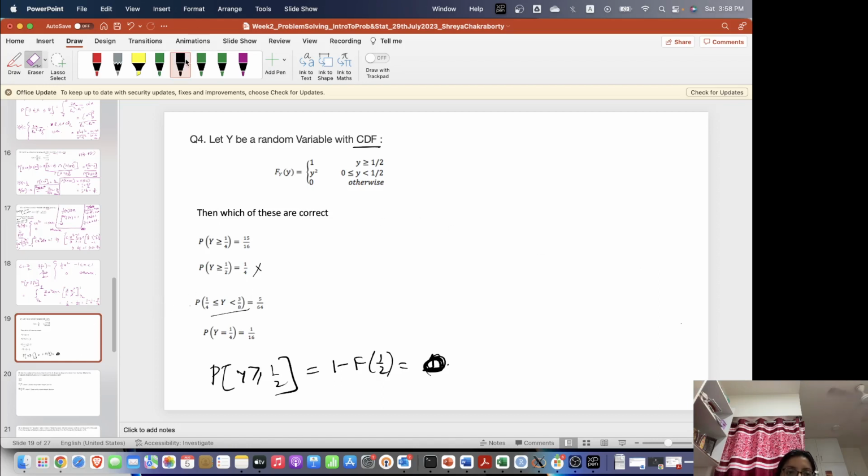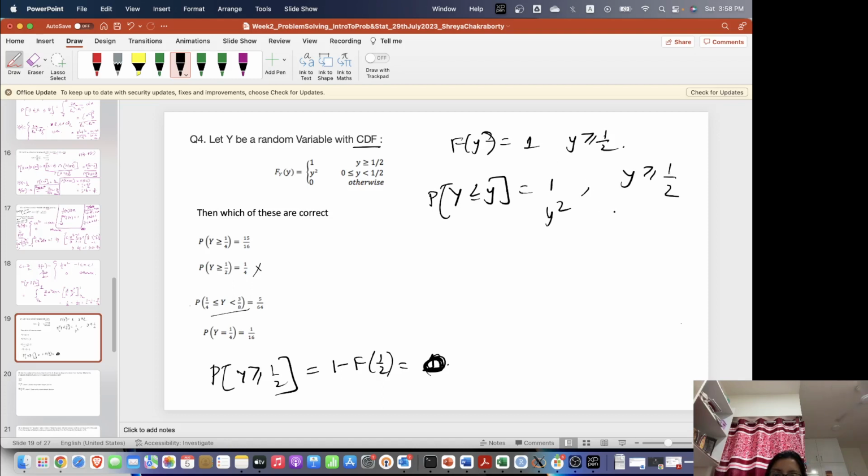So here F(y) equals 1 when y is greater than or equal to half.